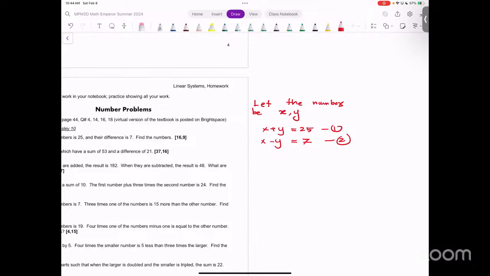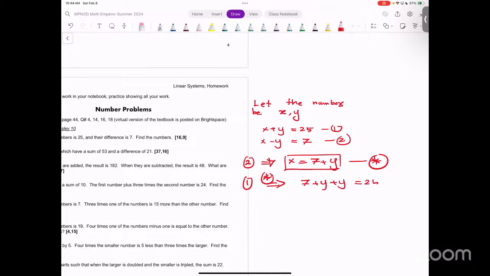We know that each variable has coefficient 1 in both places. So in number 2, I can say x is equal to 7 plus y. Let's call that star. In number 1, I can use the star in the place of x. 7 plus y plus y is 25. 2y is equal to 25 minus 7.